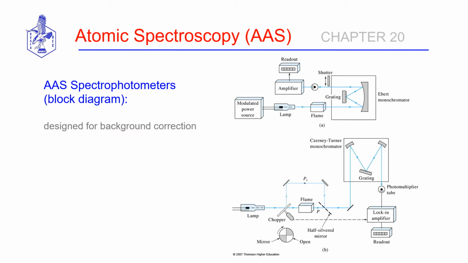The design of atomic absorption spectroscopic instruments can take on different block diagrams, different features. One thing that's common is, when we look at our flame, sometimes if we have more than one element present, obviously you're going to get emission of characteristic wavelengths from element number 1 and element number 2, and so on and so forth.